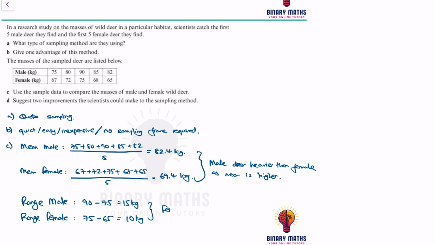Therefore, female mass more consistent as range is lower.